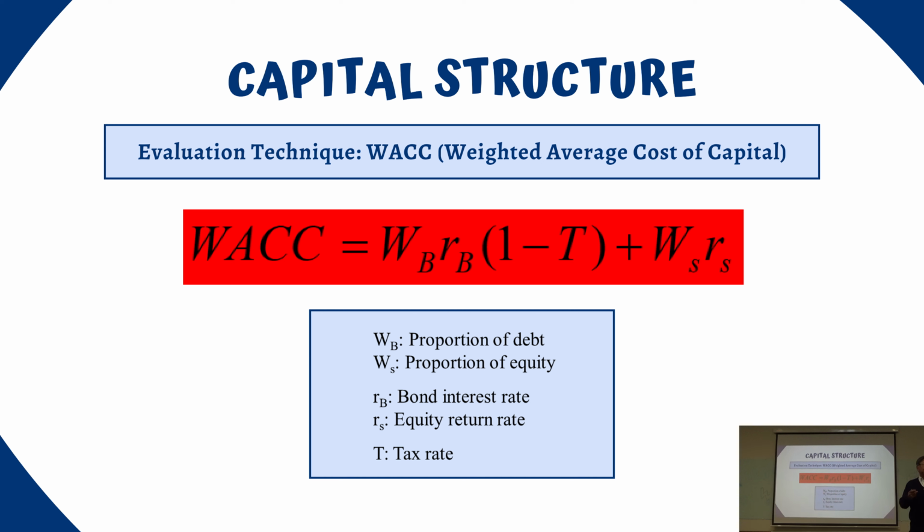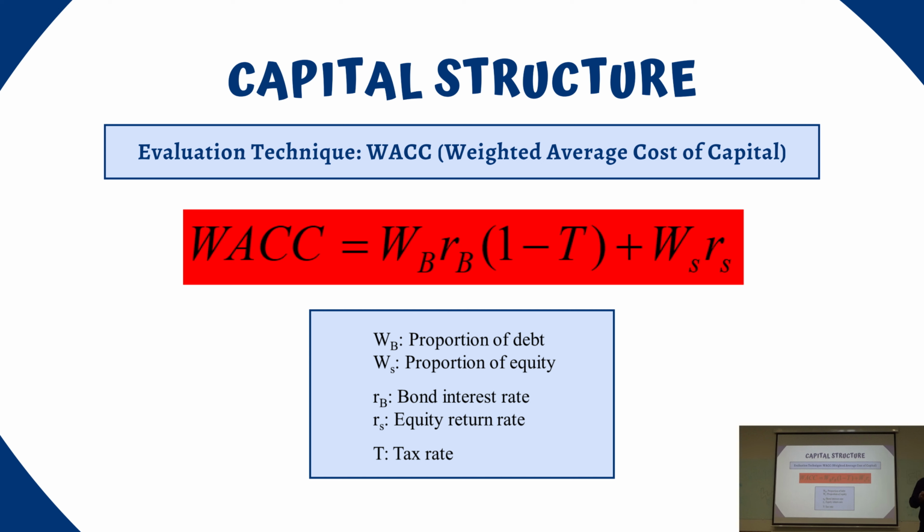So equity holders say, okay, I want your company to give me a 15% return. And the corporate bond market may say, I wish you can give me a 5% return on the interest payment. If this is the case, you can calculate.